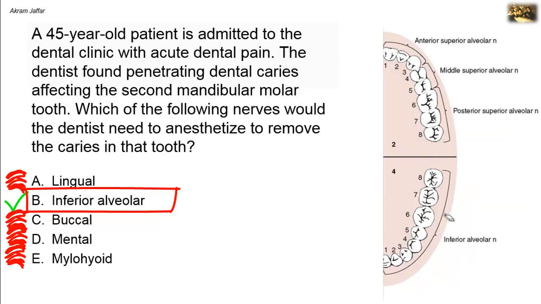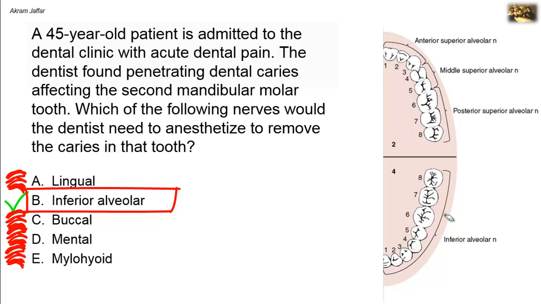This diagram summarizes the innervation of the teeth. The mandibular molar teeth, all of them are supplied by the inferior alveolar nerve and its incisive branch. After it gives the mental nerve, it supplies the incisive branch, which supplies the incisive teeth and canine.